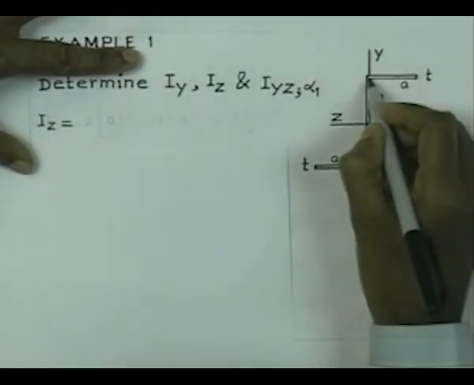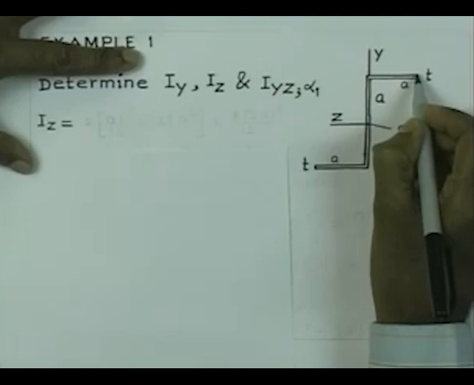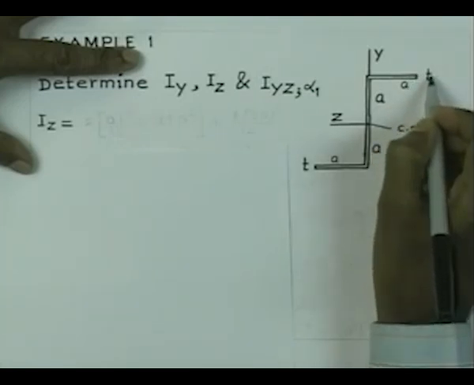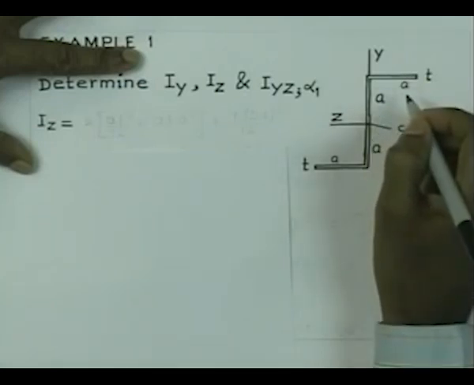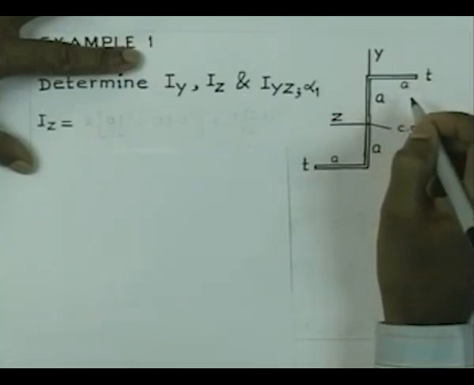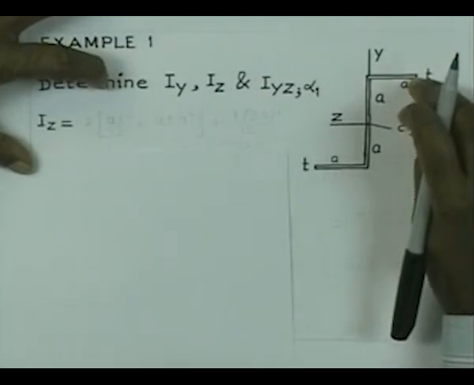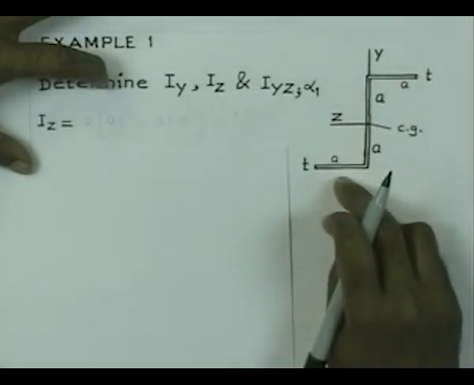So, therefore, I can consider approximately that this portion is nothing but a rectangular segment of dimension A and T, and it is at a distance of A from the Z axis. So, I can use the parallel axis theorem, and now the orientation or the position of this arm and this arm is the same with respect to the Z axis.